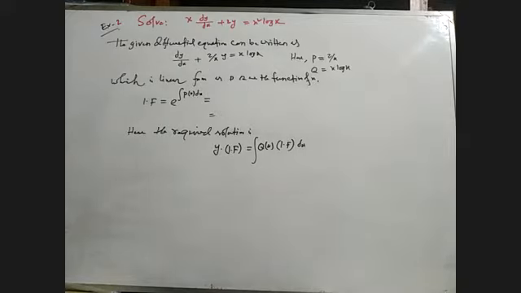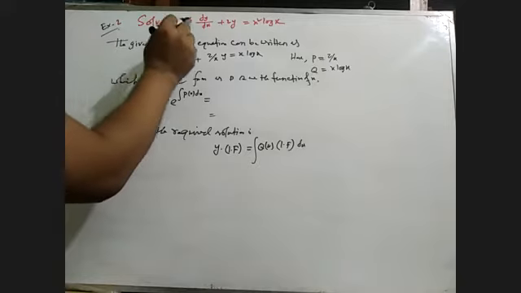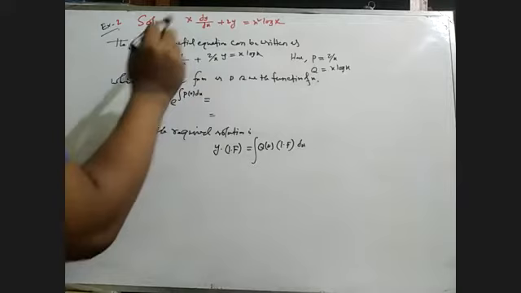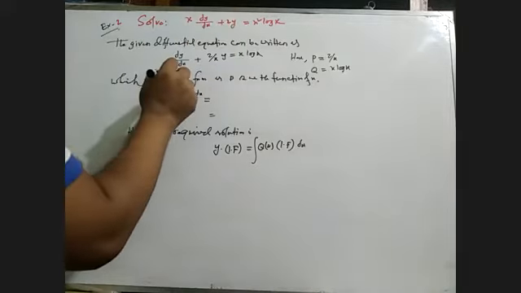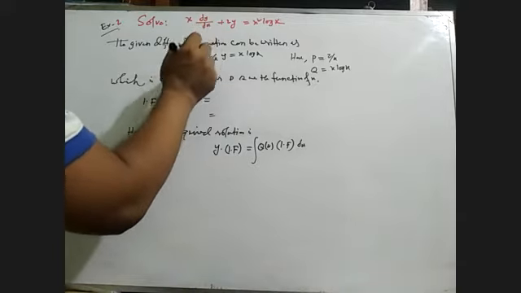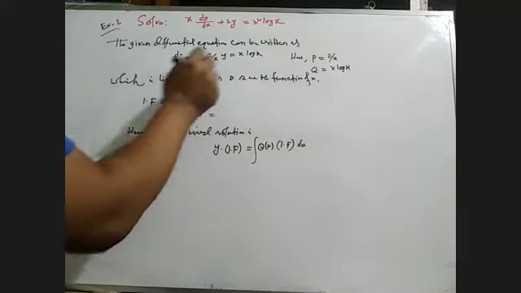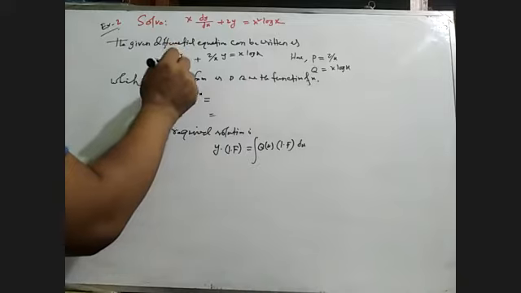Okay, now another similar example. Example 2: solve x dy/dx plus twice y equals x square log x. Now this given differential equation can be written as dy/dx plus 2y by x equals x log x, just dividing by x on both sides. We get the standard form of a linear differential equation of the first order and first degree, because here there is a single dependent variable and a single independent variable.